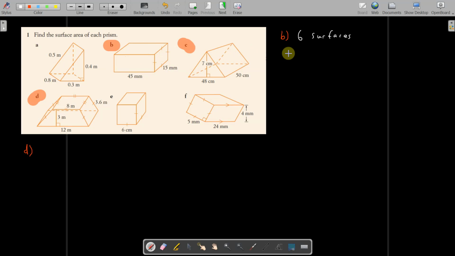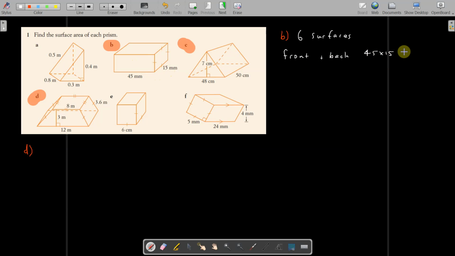So I'm just going to go with the front and back. Now the area for the front is length times height, and there's a little clue here that tells us that all these 4 sides are 15, so we're going to do 45 times 15, and that's the area for the front.